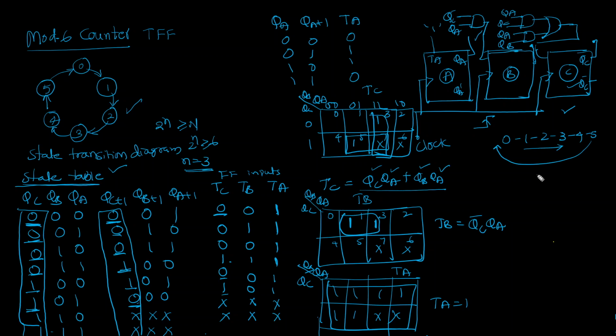If I take JK flip-flops, it looks complex, with 6 K-maps required, whereas here only 3 K-maps are required. Easy to design. So generally, for any counter design, go for T flip-flops. If the problem specifically mentions implementing using JK, SR or D, you can go for those. But if nothing is mentioned, it is better to use T flip-flops.